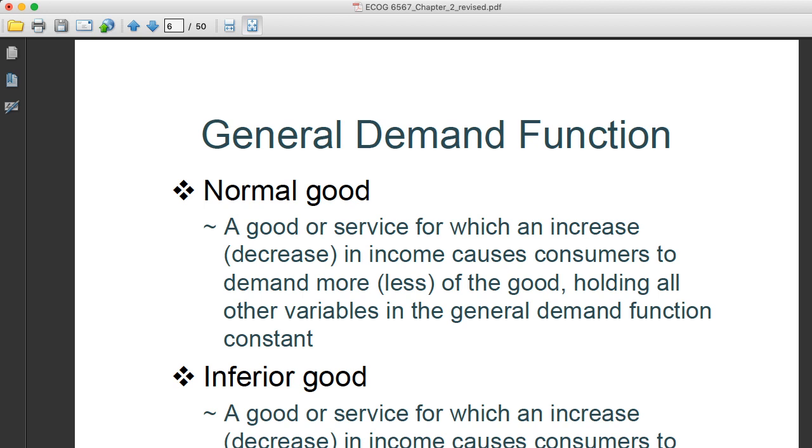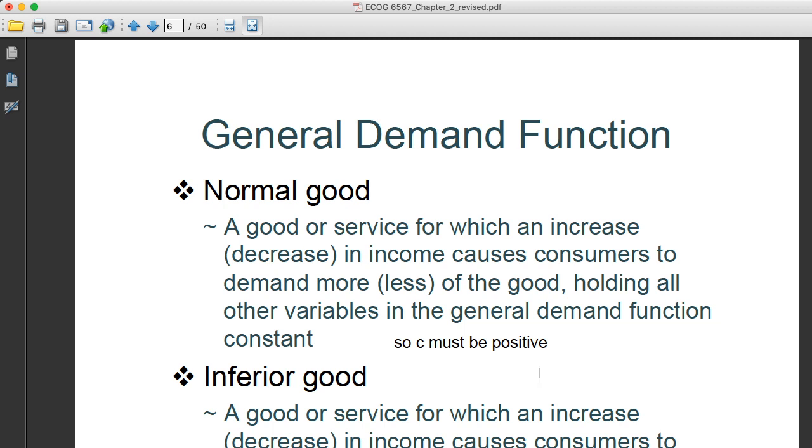C must be what? So for a good to be a normal good, then C must be positive, okay? That is that when income increases, the person wants more of it.